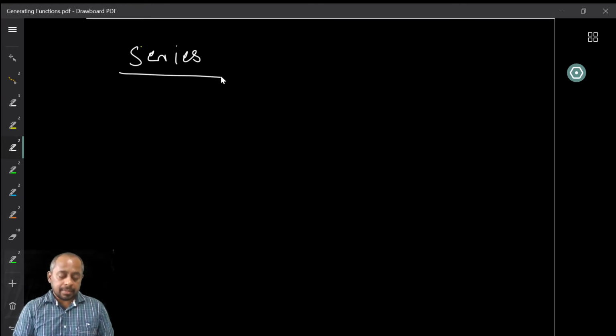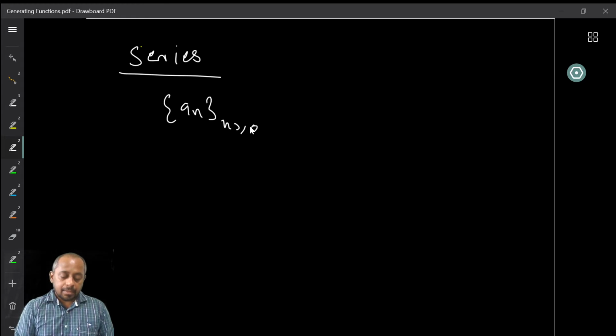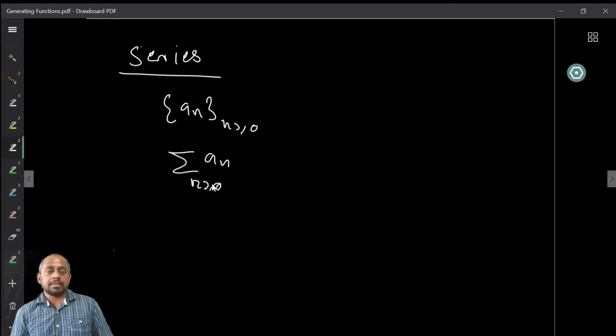Given a sequence a_n, you had a corresponding series, summation a_n, right? Then of course in calculus you are looking at whether this kind of a series converges or not, and what are the conditions in which it converges, etc.